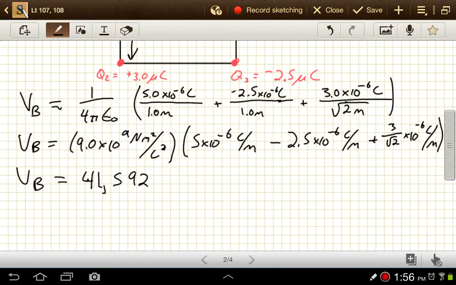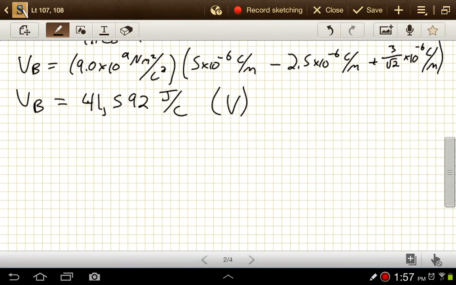Newton meters per coulomb, and Newton meters is the same as joules, so that's joules per coulomb, or we could call that volts. So 41,592 volts at that point.